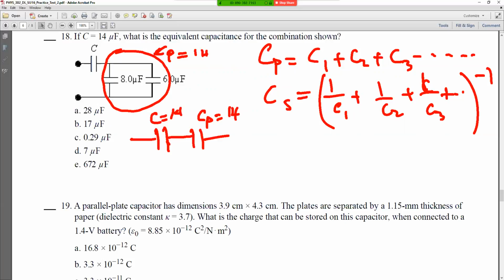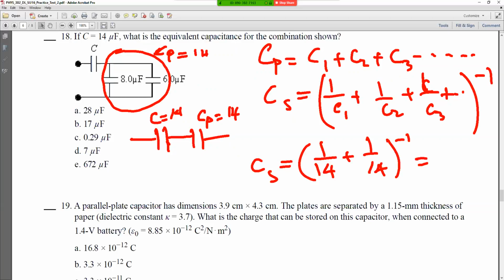Now, these are connected in series. So the series capacitance will be 1 over 14 plus 1 over 14, to the minus 1, which is 2 over 14. If you flip it, you get 14 over 2, and that will be 7 microfarads. So the correct answer is D.